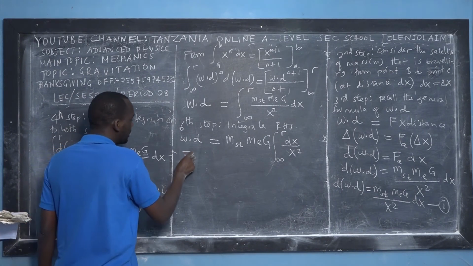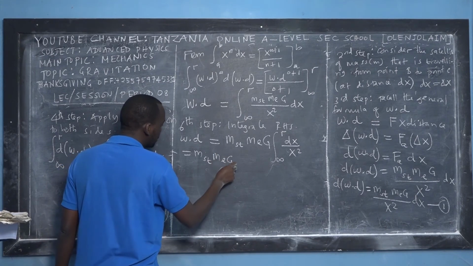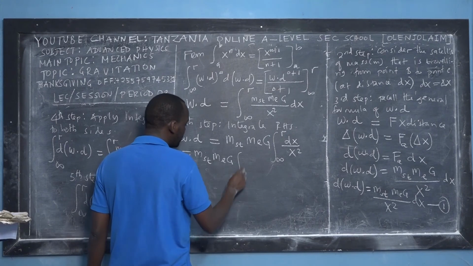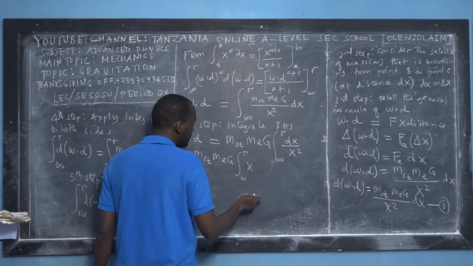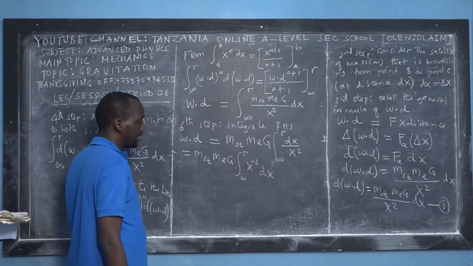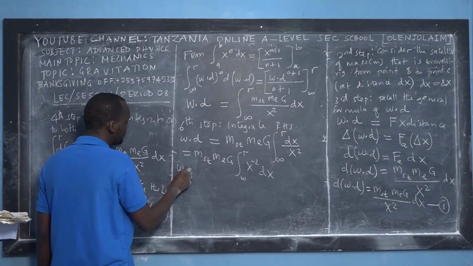Then from the laws of basic applied mathematics or basic calculus, this is the integral from infinity to r of x power negative 2 dx. Now listen carefully.